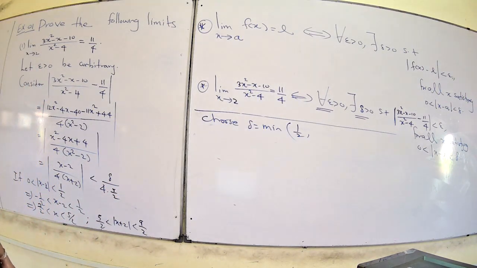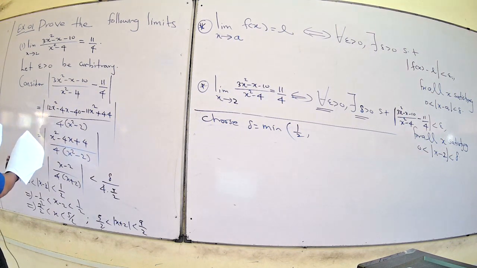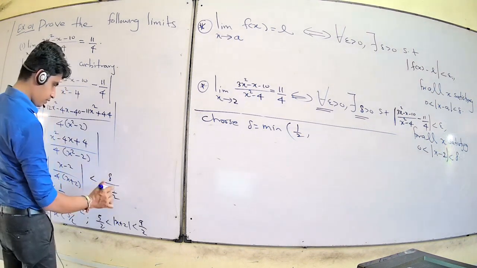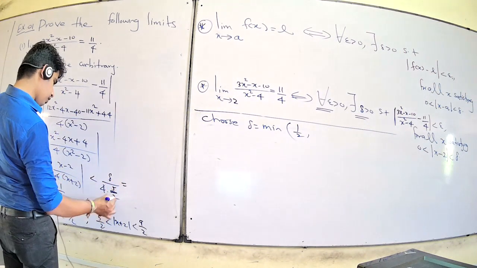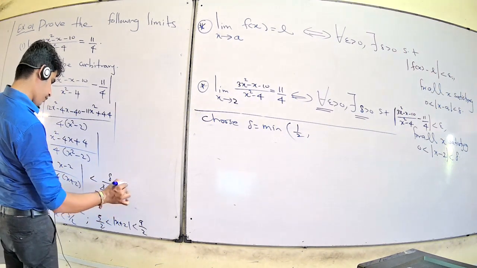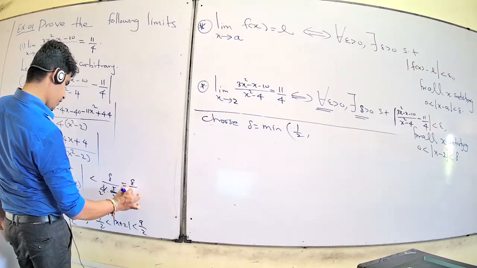Okay. Five by 2. Then you will have delta over 10.